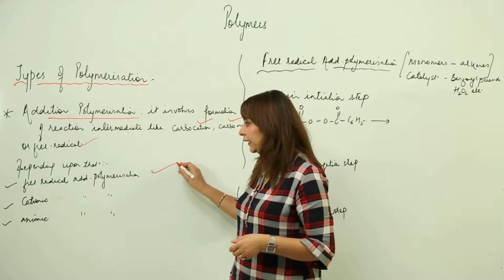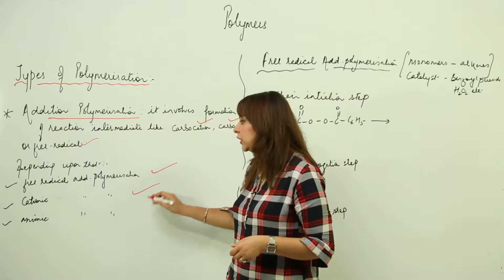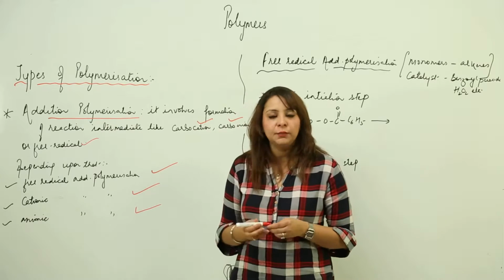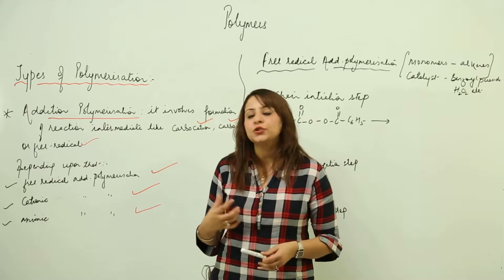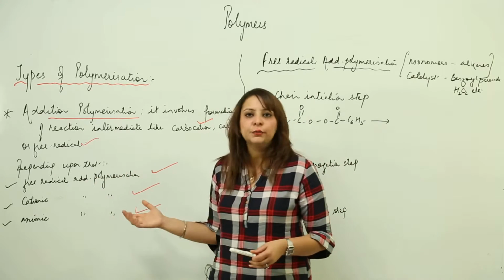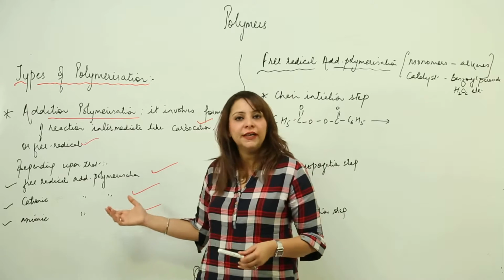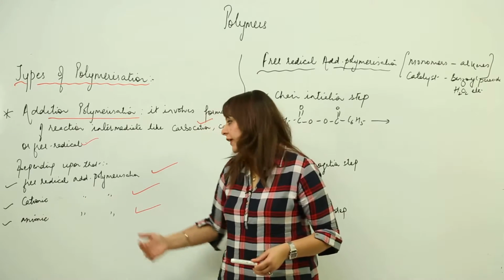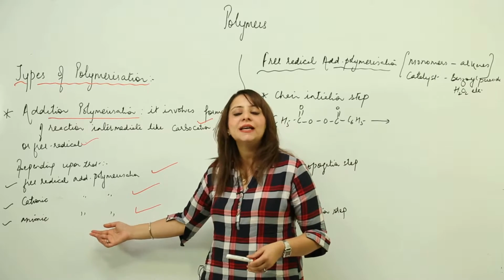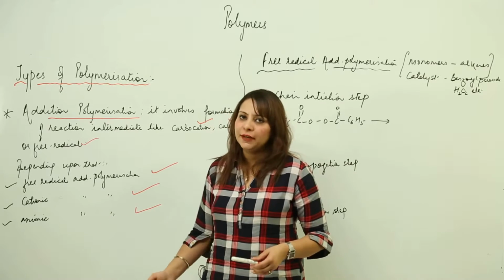One is the free radical, second is the cationic, third is the anionic. That means when a free radical is formed as an intermediate, then the polymerization is called free radical addition polymerization, and if the intermediate is a carbocation, then it is called cationic addition polymerization, and if it is an anion, then it is called anionic addition polymerization, right.